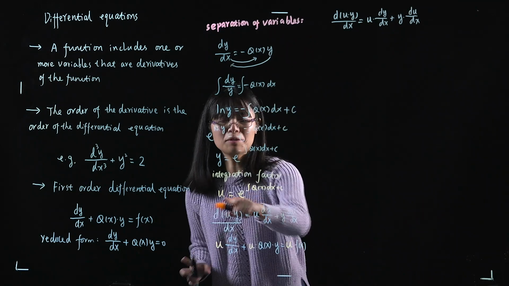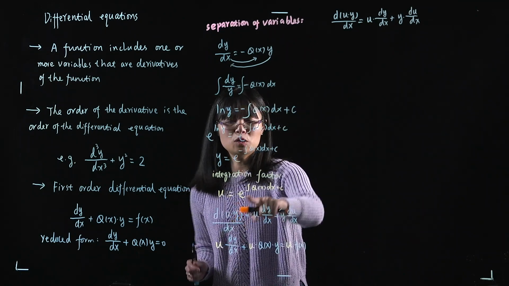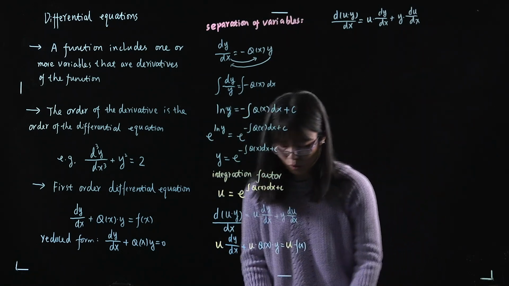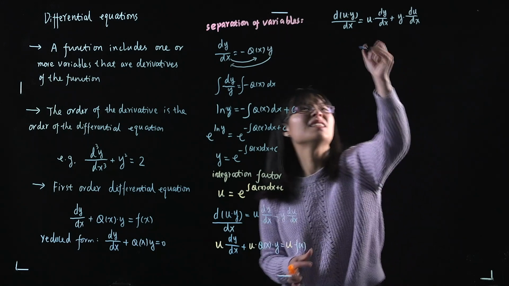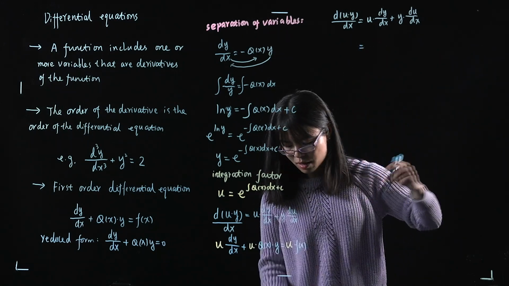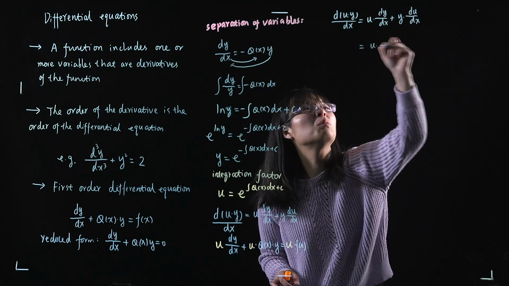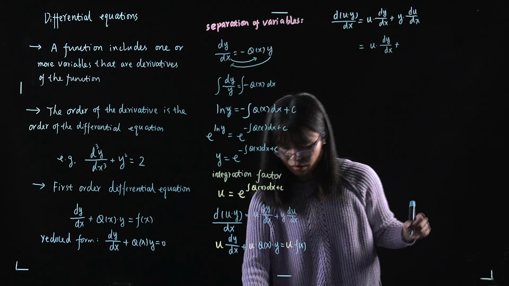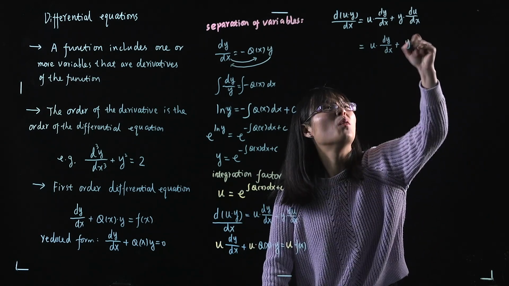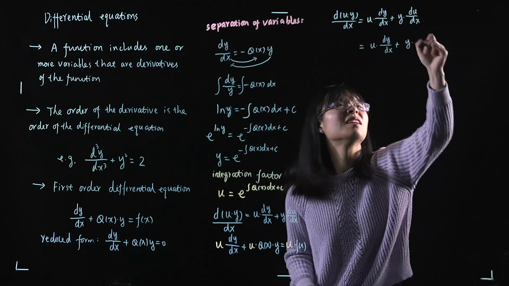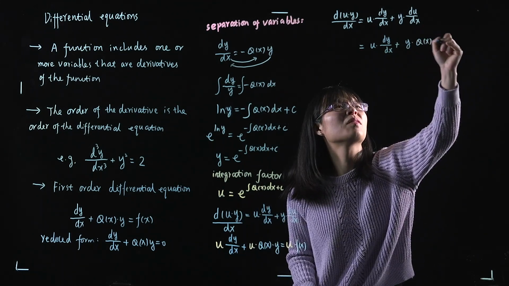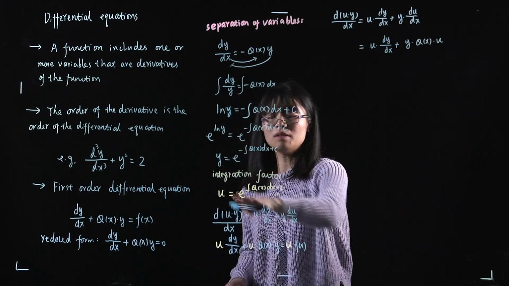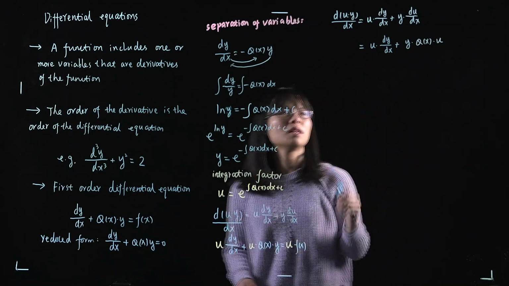Going back to the definition of u, the exponential of an integral, and plugging that in, we get u times dy/dx, and for the second term, y times q(x) times u.